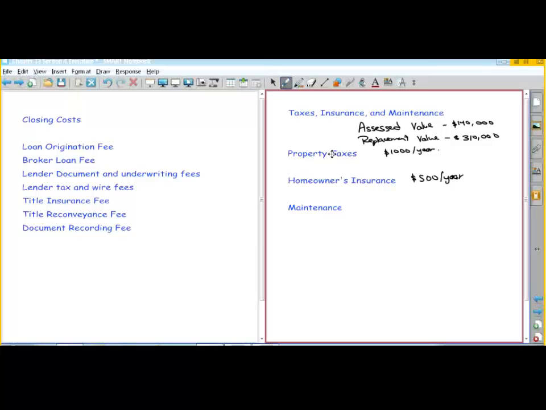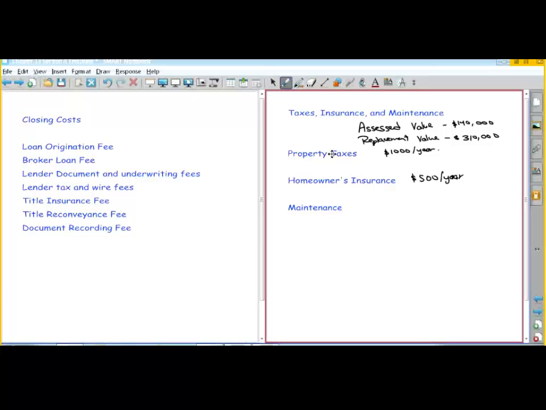In Covington, my house has a property tax of around $1,000 a year, which is about $80 a month, which is not bad. If you live in northern New Jersey, a similar house, besides costing more, would probably have property taxes of about $8,000 a year. So 8 times the amount for property taxes.